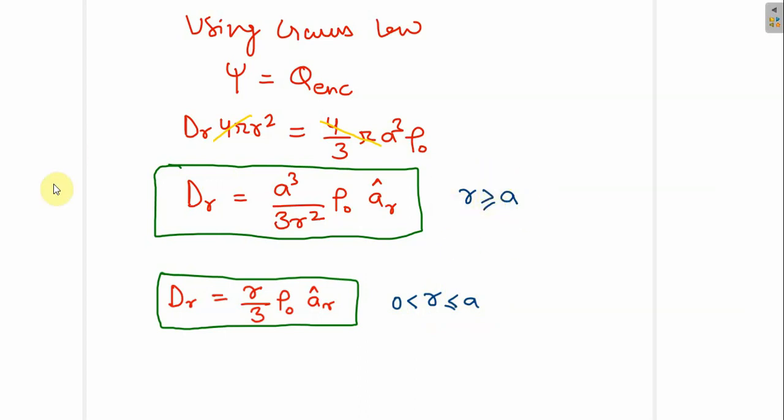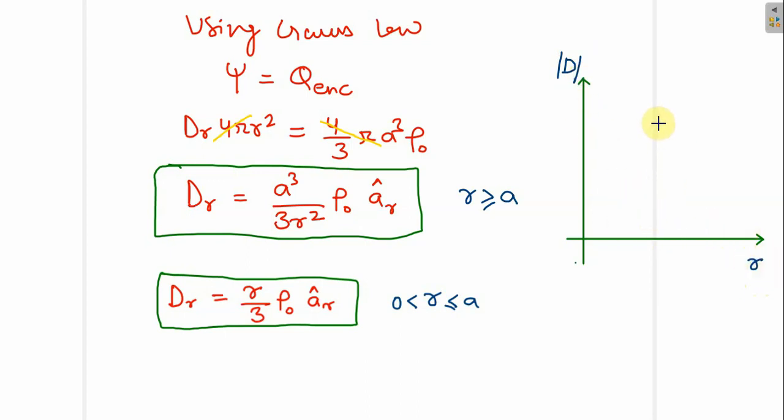Now let me draw the graph between D and r.